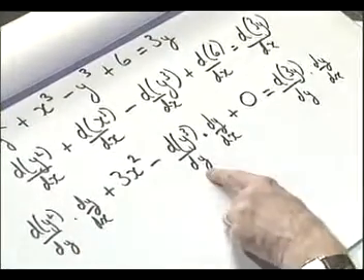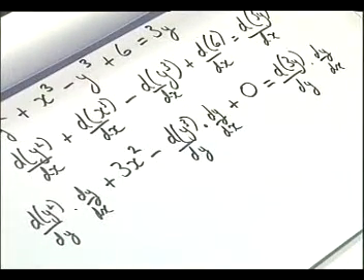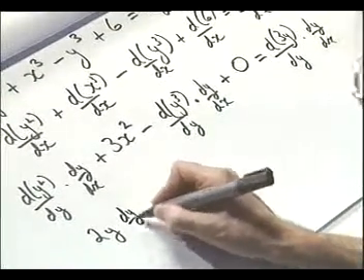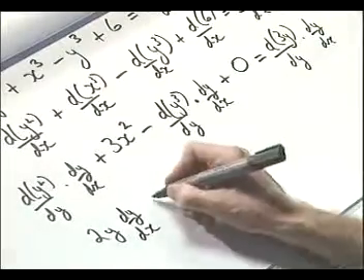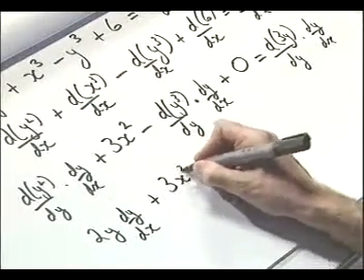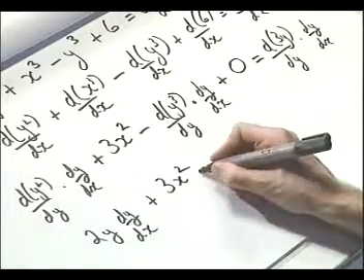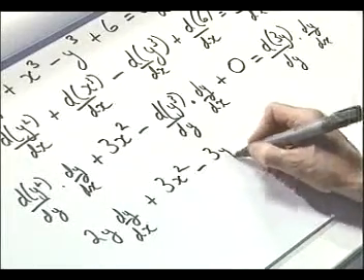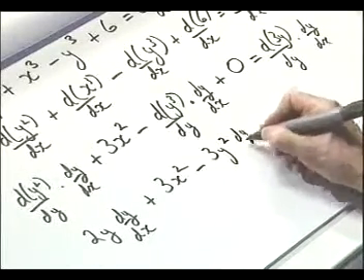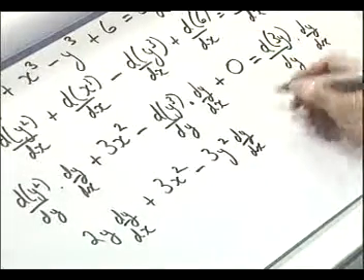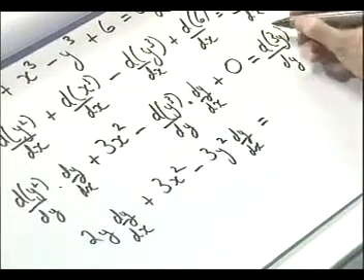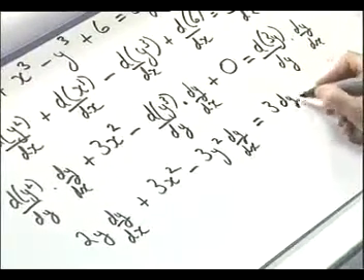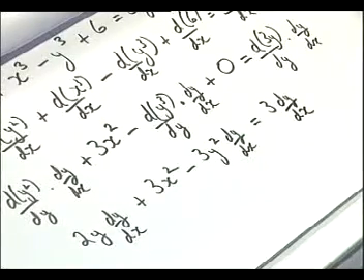And now we can go back and work out each of these derivatives with respect to y. So that will give us 2y dy by dx plus 3x squared minus the derivative of y cubed with respect to y, which is 3y squared dy by dx. We can ignore the 0, and the derivative of 3y with respect to y is 3 times dy by dx.